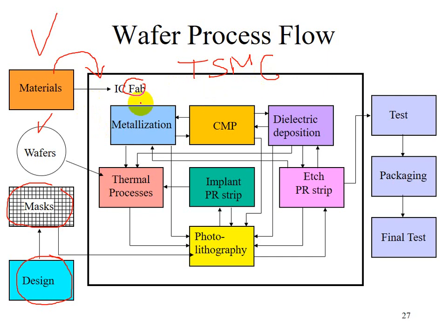In the TSMC, in the fab, there are hundreds of process steps, including metallization, chemical vapor deposition, CVD, chemical mechanical polishing, dielectric deposition, etch, photoresist strip, implant and photoresist strip, thermal processes, diffusion, photolithography.